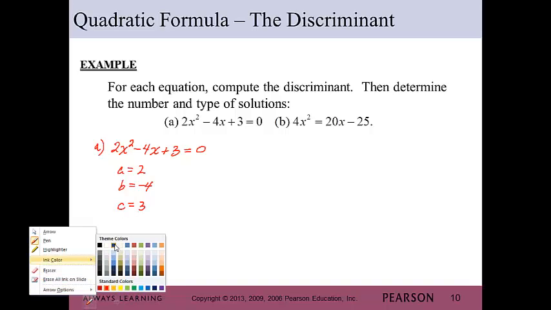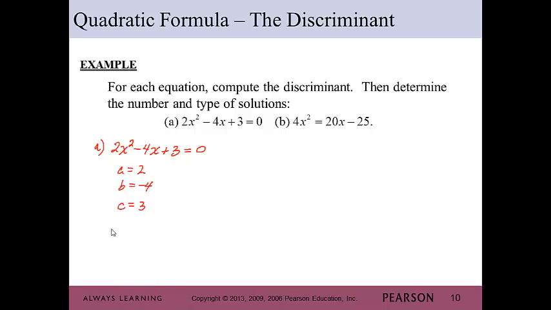So now let's evaluate or compute the discriminant. And it's going to be b squared, so we have negative 4 squared, minus 4 times 2 times 3. So we have 16 minus 24, which is negative 8. So our discriminant is negative, therefore we're going to have two imaginary solutions.